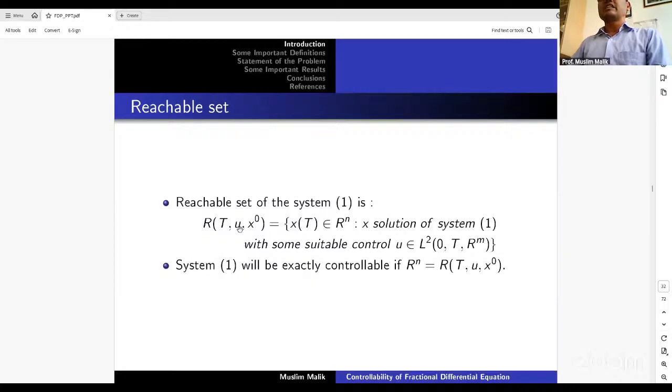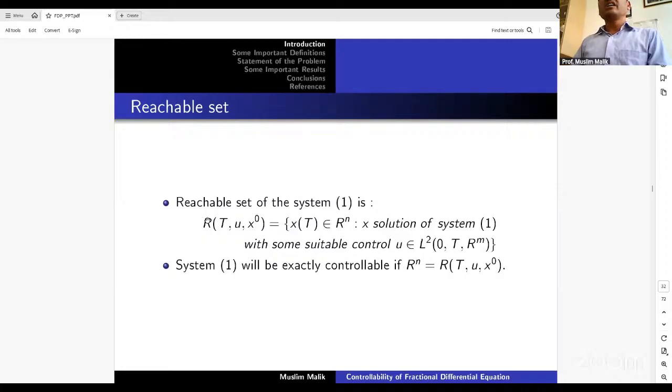The reachable set is the set of all target points for a suitable control u, and system one will be exactly controllable if this set is exactly our whole space. If we choose one initial point x naught, then for any target we choose, we can arrive from x naught to x t. In this way we can say that our system is exactly controllable.